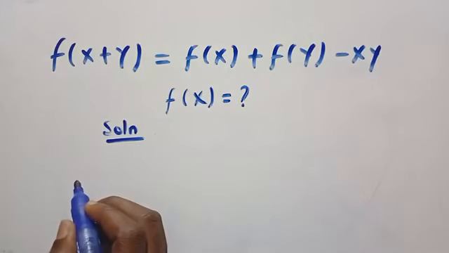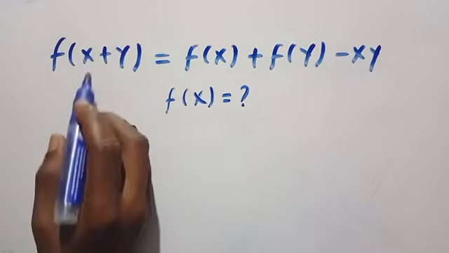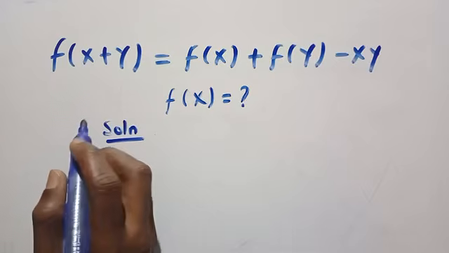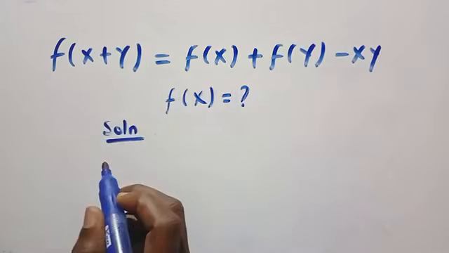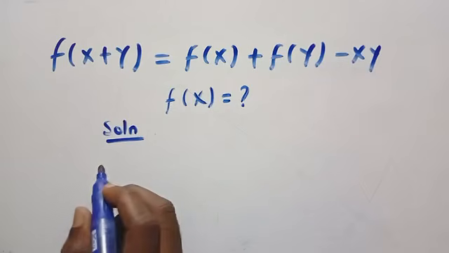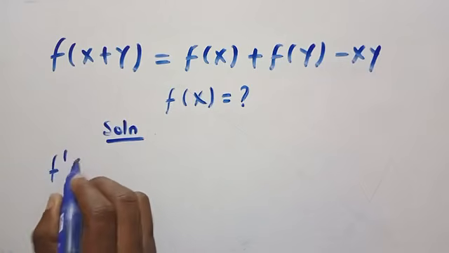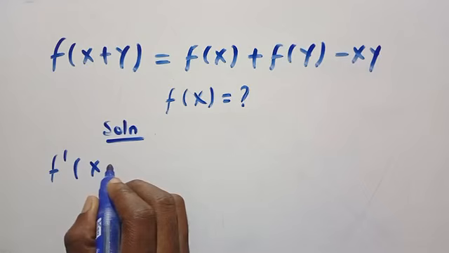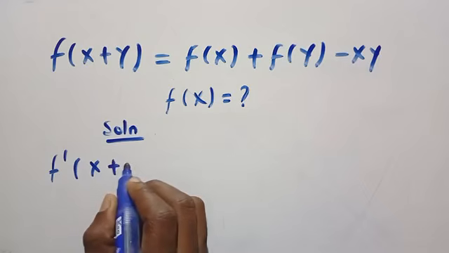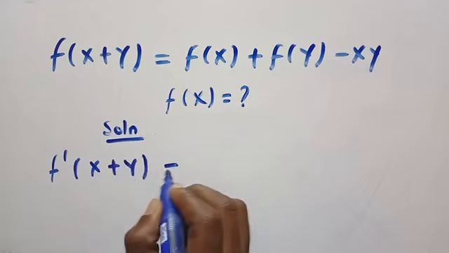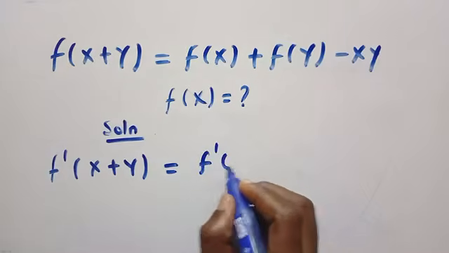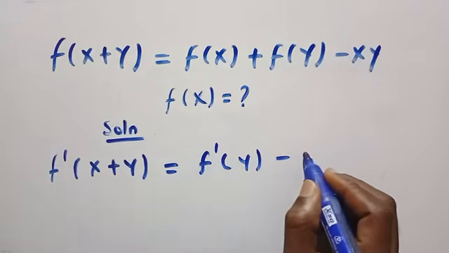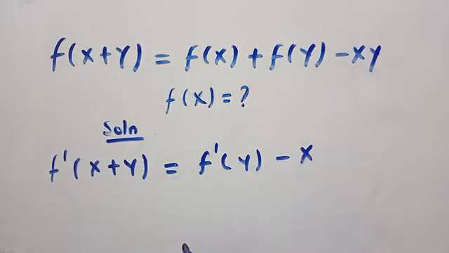Since f is continuous, suppose we define the derivative with respect to y. So we are going to have f prime of x plus y equals f prime of y minus x.